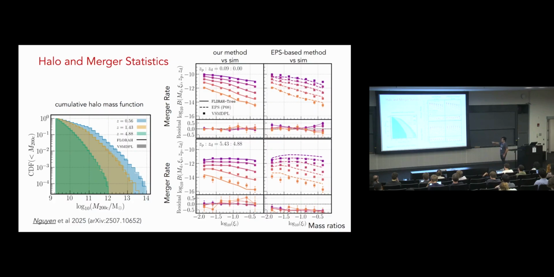One thing I also want to comment on is that if you look at this mass function, it has a tail towards the massive end, meaning there are much, much fewer massive halos, exponentially fewer, than low mass halos. So you really want to capture the population of massive halos very well, as well as the population of low mass halos. Across these different mass ranges, you can see that we are able to do that.